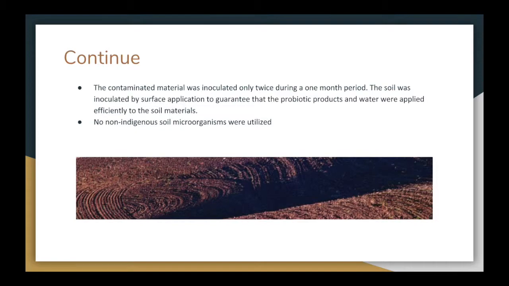The soil pile was aerated mechanically with a tractor and mechanical mixing device. The aeration process coupled with probiotic solutions products provided sufficient oxygen and necessary nutrients for the microbiological ecosystem in the soil to effectively reduce the TPH concentrations.